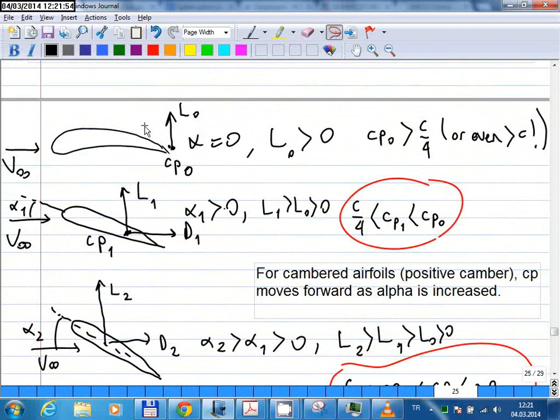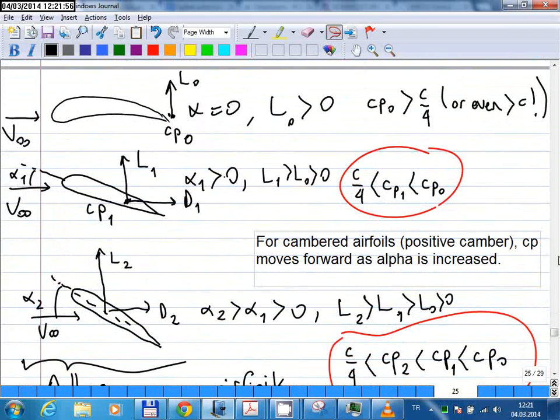Now, on this page, well, these are supposed to be cambered airfoils. They don't really look any different than before. Probably I just copied these figures from the previous slide and called them cambered. Anyway, so this is obviously a cambered airfoil, and at 0° angle of attack, as I said before, you will get some positive lift force.